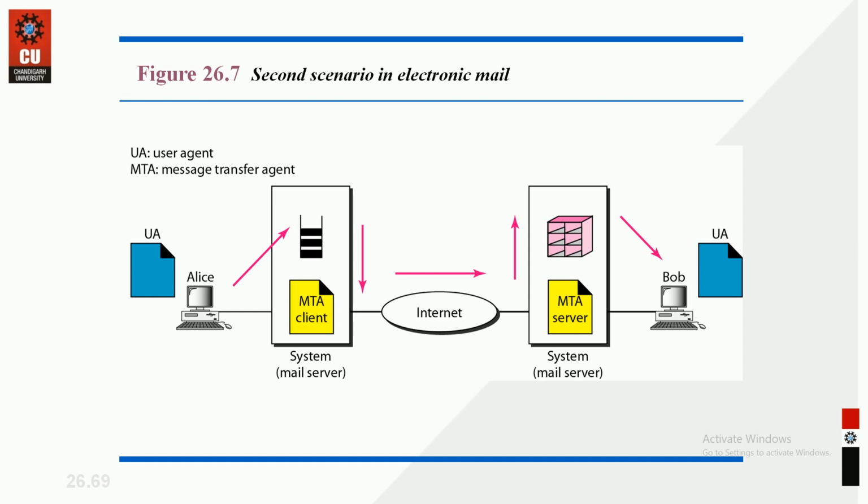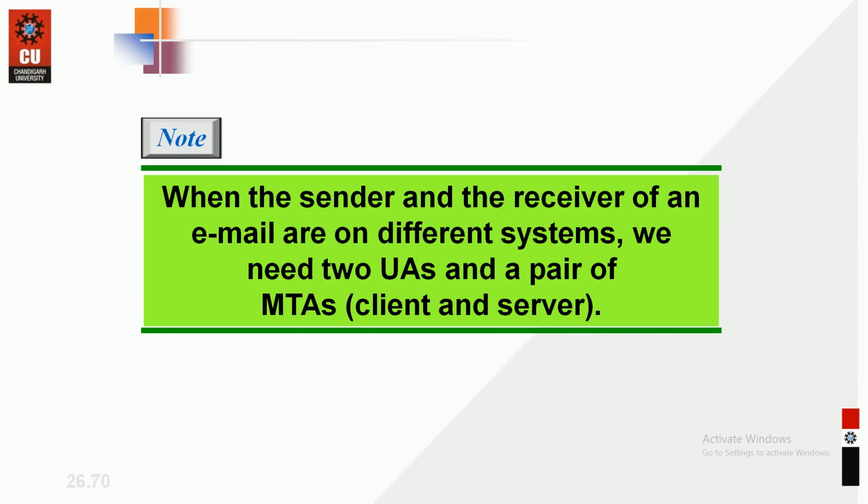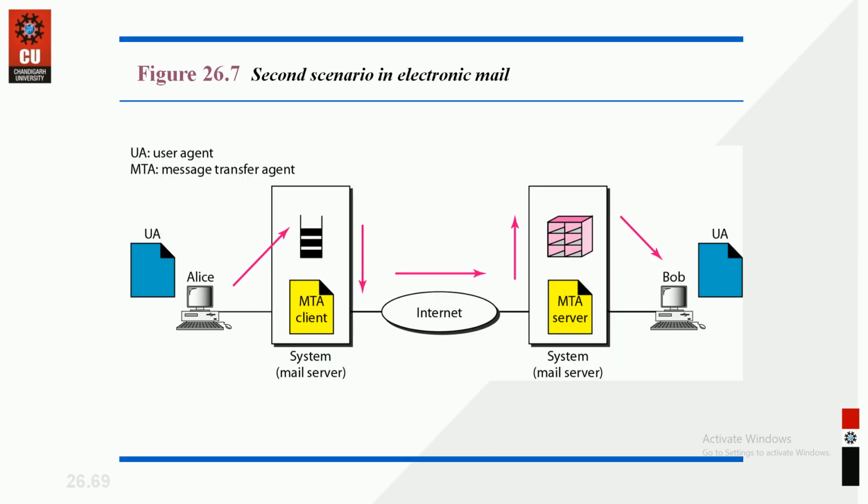So obviously we have one user agent on each side. When the sender and receiver of an email are on different systems, we need two user agents and a pair of MTAs, client and server. Let's say one system's mail server is accessed by Alice, another server is accessed by Bob, and they are connected with the help of the internet.